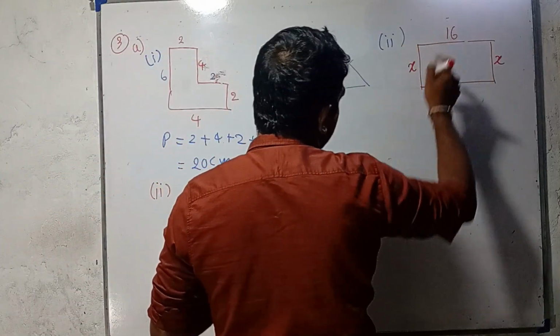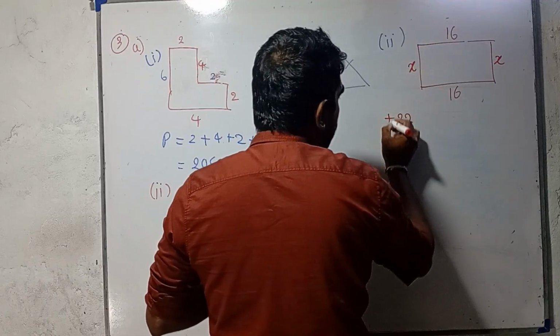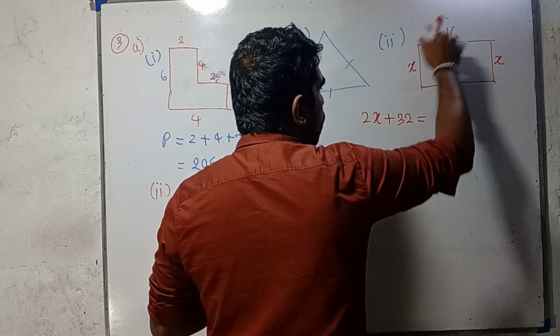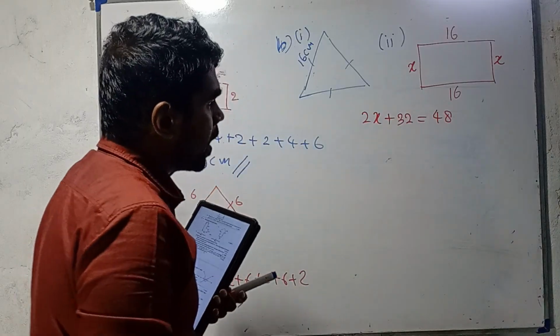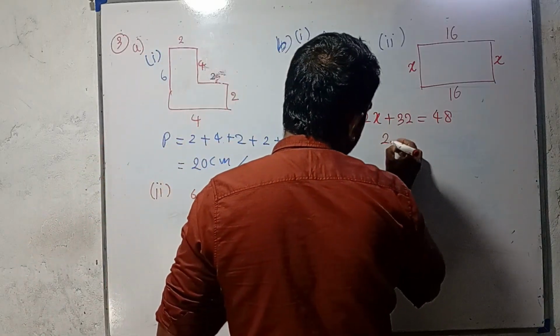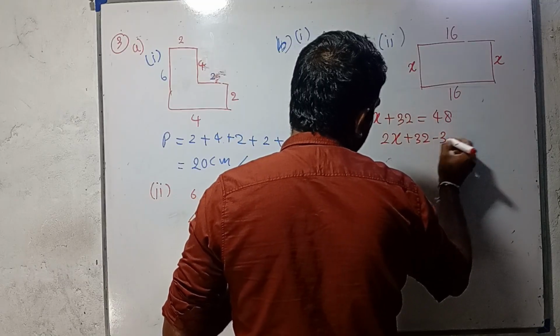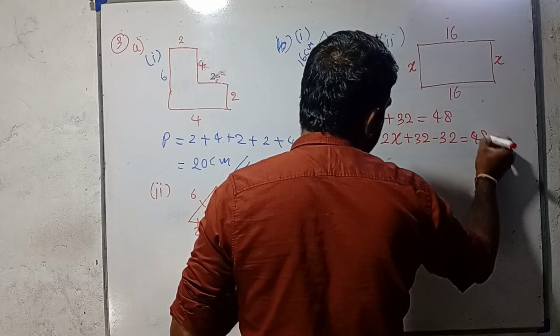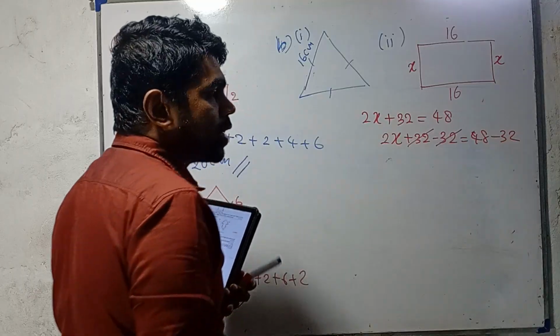Then we can write the total perimeter: 16 plus 16, 32 plus 2x should be equal to the total wire length. It is given as 48 centimeters. Then we can find x using this equation. When removing plus 32, we have to put minus 32 on both sides. 32 minus 32, 0.